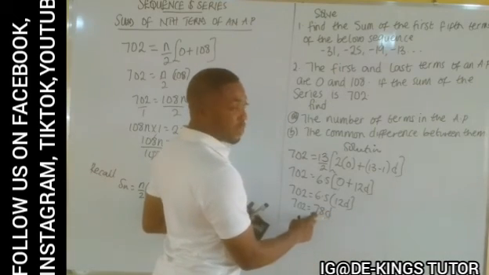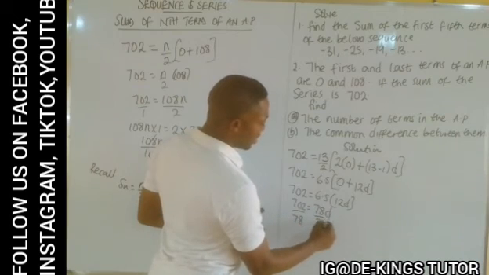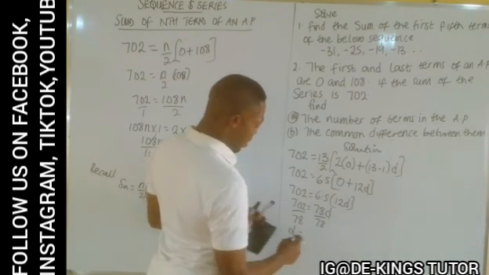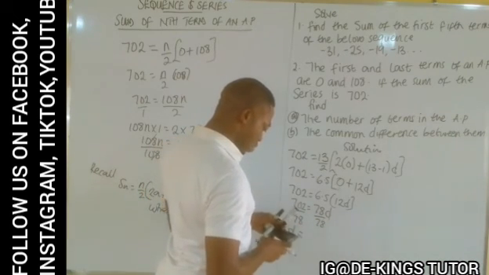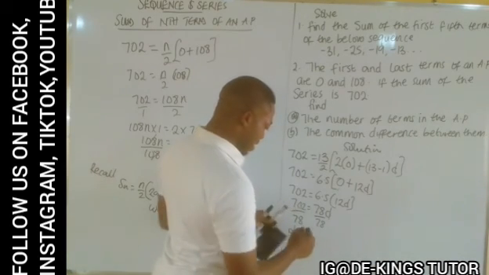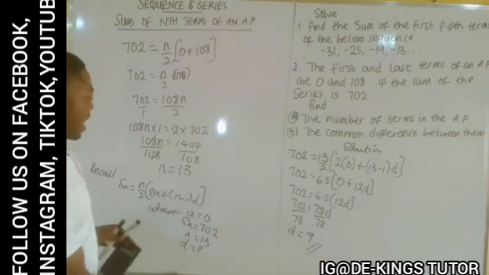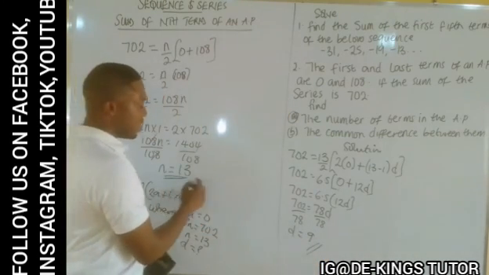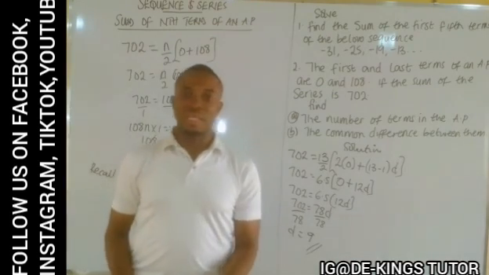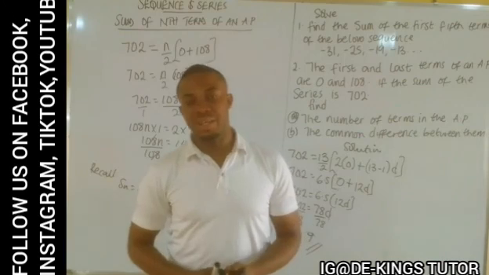And to get d, we divide both sides by 78. So my d is now 702 divided by 78, which gives us 9. So the common difference between them is 9, and the number of terms is what? 13. So that is how to solve basically the sum of n terms of an AP.